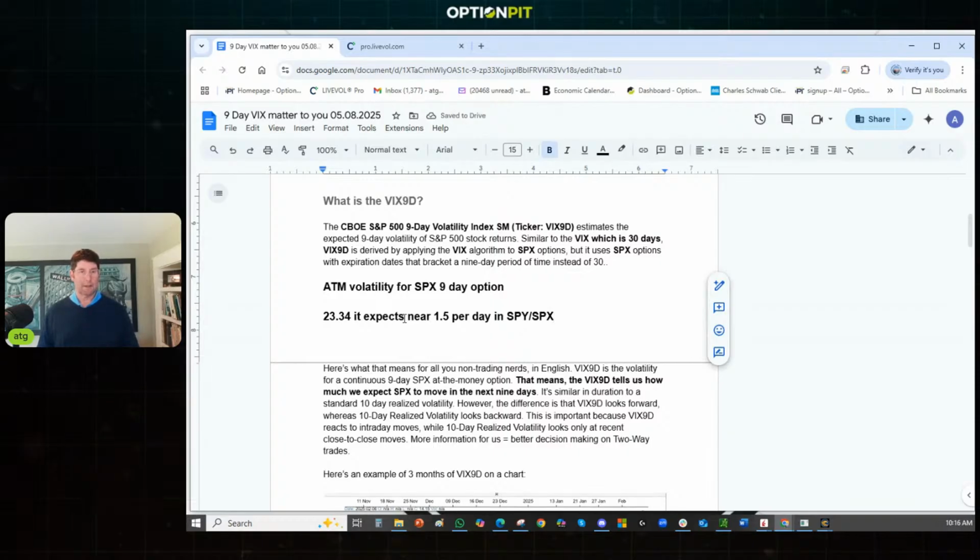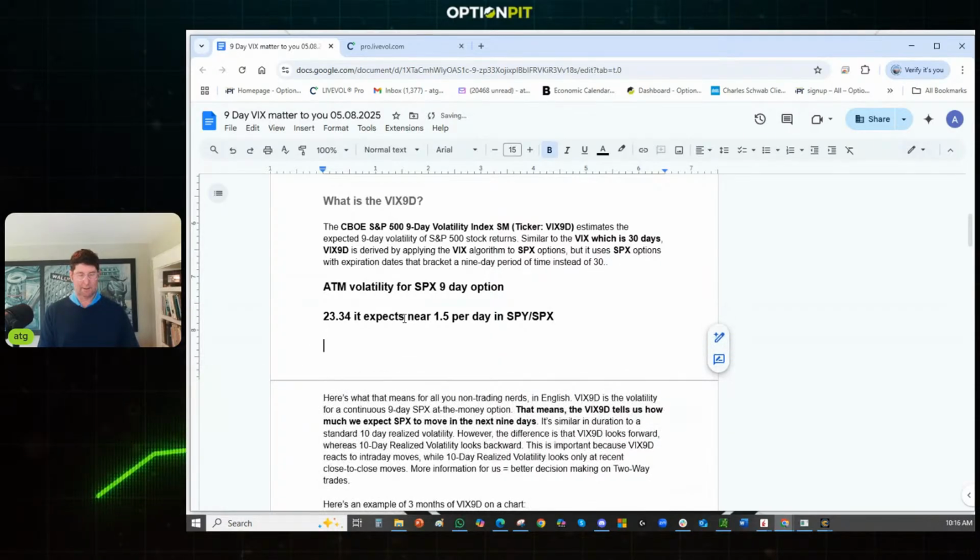So now every 16 points in the 9-day VIX is 1% in SPY. So if we're trading very close to a 24, 24 is roughly 1.5, right?